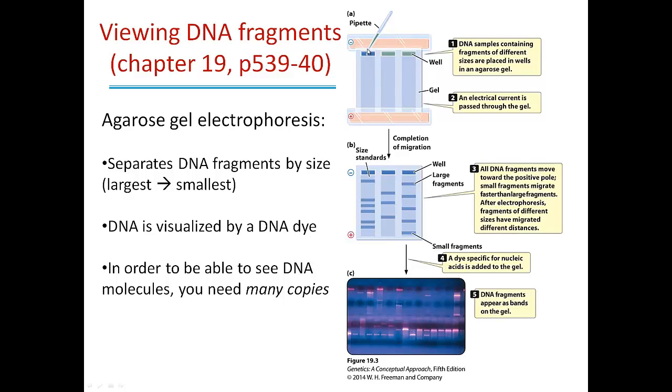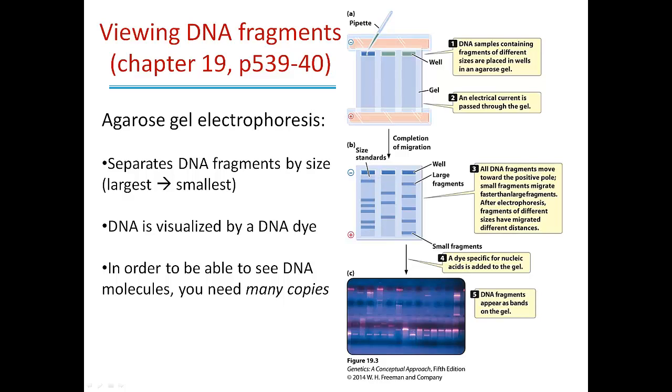As we run the current through the gel, the DNA is loaded at the minus end, and it will migrate through the gel toward the positive electrode. The larger pieces move much more slowly, and the smaller pieces will move much more rapidly. And so at the end, after you have separated those pieces of DNA, the smallest pieces are at the bottom and the largest pieces are at the top.